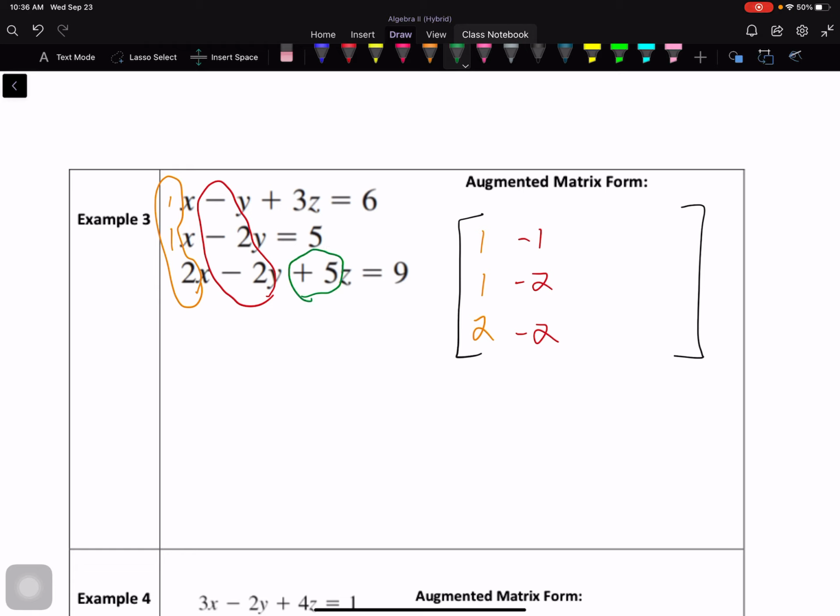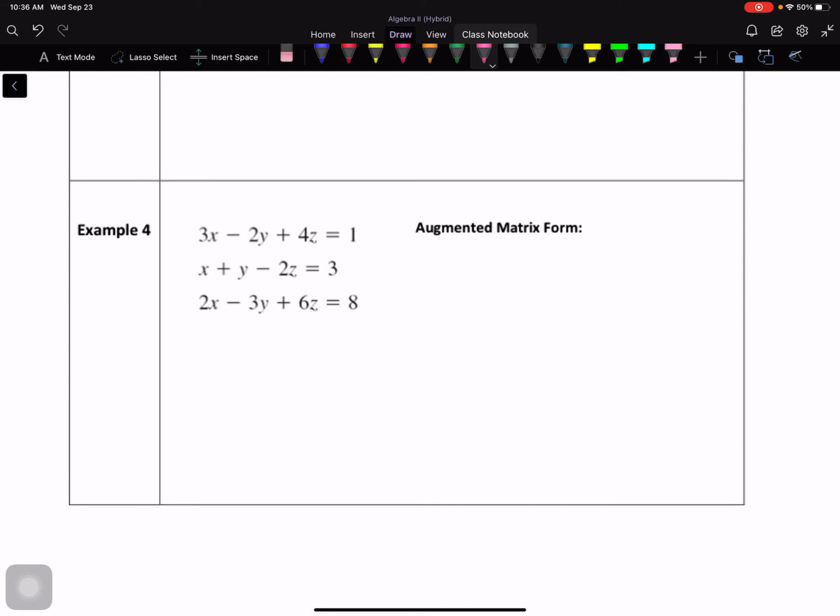It doesn't look like there's anything back here. And then here's another one. So at the top we have a 3. The middle one doesn't have a z at all, so that means it's 0. The bottom one is 5. Here's that bar to represent the equal sign. And then we have 6, 5, 9. Okay, go ahead and try to fill that last one out there on your own.